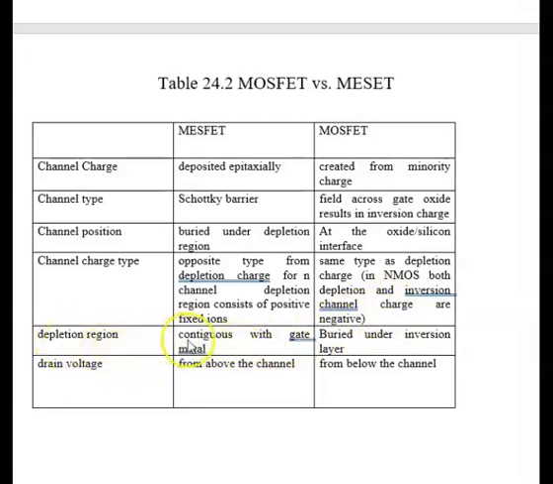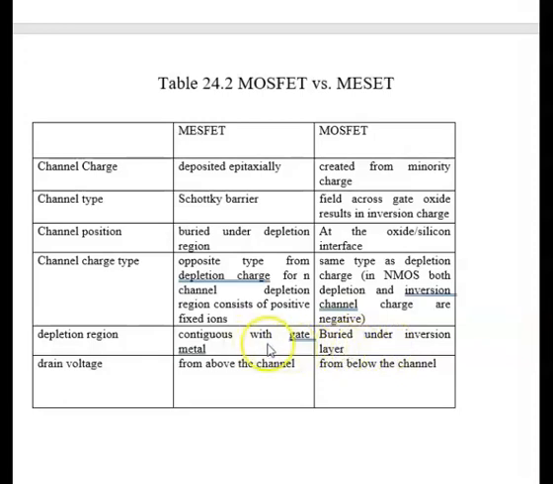And the depletion region is continuous with the gate metal, which is basically just another way of saying that it is above the channel. It is contiguous with the gate, so the channel is buried underneath of that, whereas in the MOSFET, the depletion region is buried under the inversion layer.